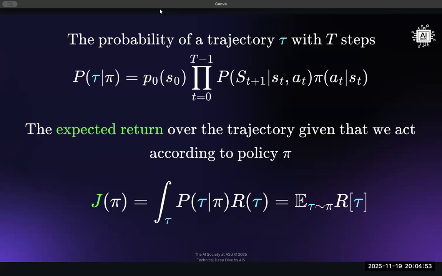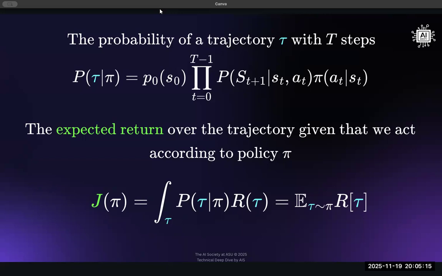And then we're just going to multiply by the conditionals. So the probability of going to the next state given the current, and then also the policy, so the probability of some action.